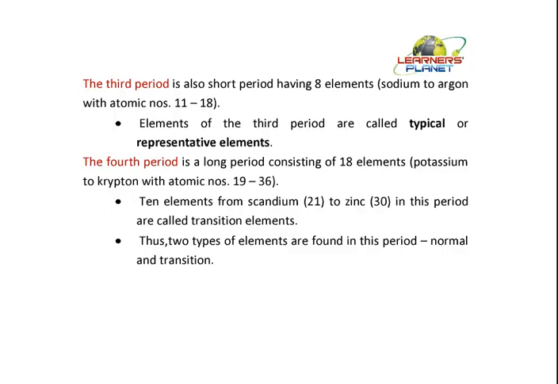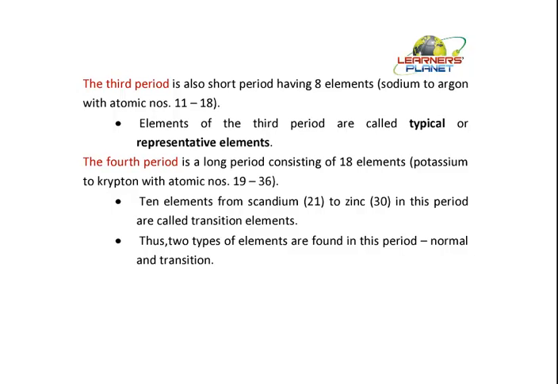Their properties are the properties present in every element of that group. The first element, because of its small size, shows some anomalous behavior in the second period. But the element in the third period has the property which is present in all the elements of that group. Say for example, I'll tell you why these are called representative elements.